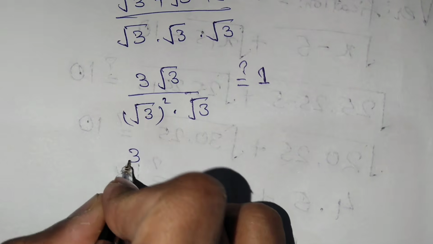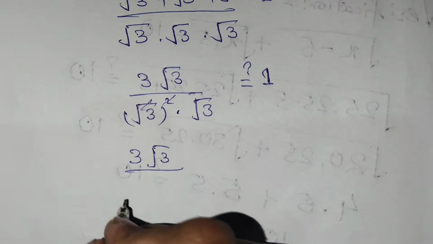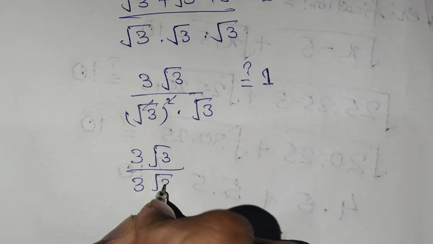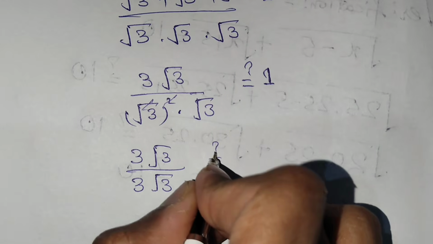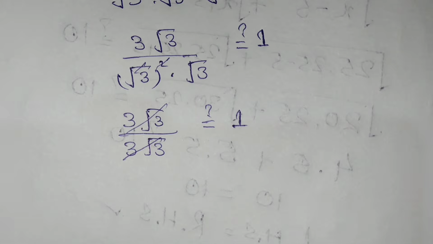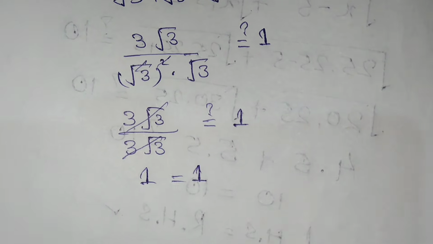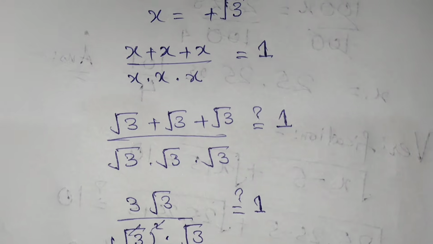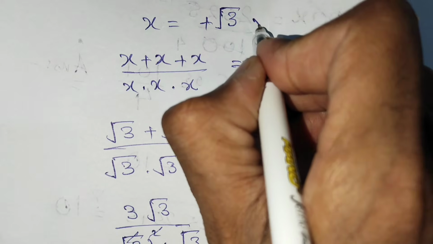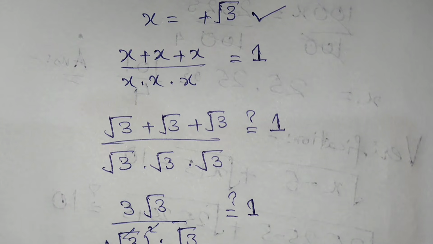This will be equal to 3 times square root of 3, the square root cancels with the square, we have 3 square root of 3 over square root of 3 equals 1. Cancel with this, and 1 equal to 1 means left hand side equal to right hand side, and our value of x equals plus square root of 3 is true, and this is verified.